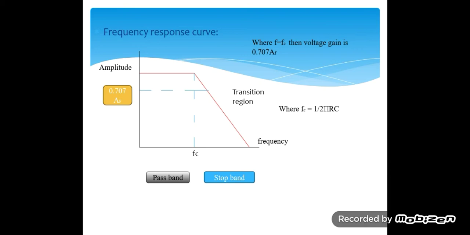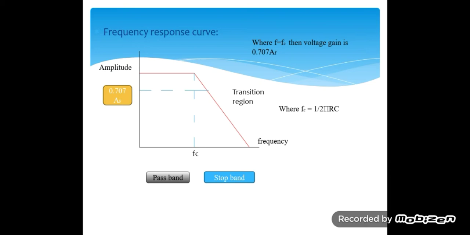Since it is a low pass filter, the frequencies below FC will be passed without any attenuation, and the frequencies above FC will be attenuated, right? When our input signal frequency becomes equal to our cutoff frequency, the voltage gain of the low pass filter will be 0.707 times the gain of the op amp, right?